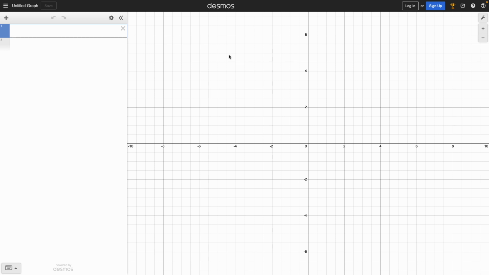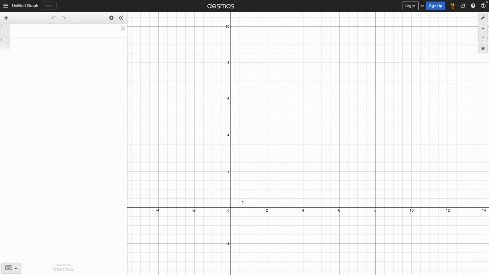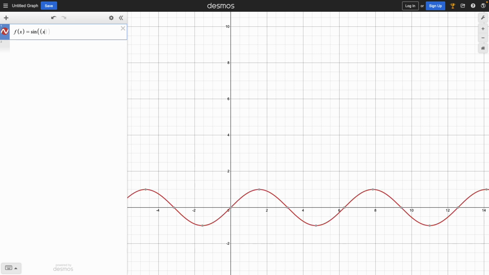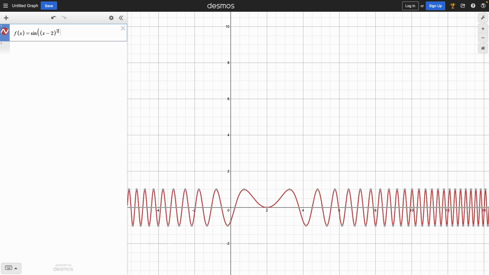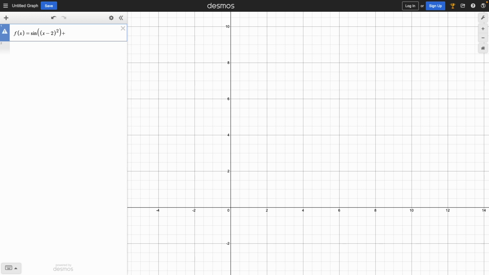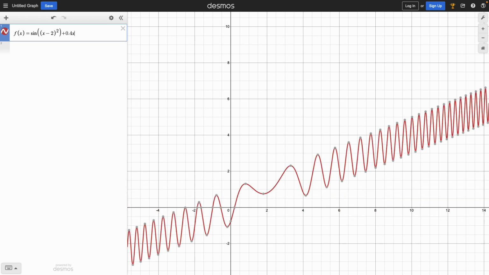When I click on it, I get a two-dimensional space, and here is a control bar for writing down our functions and operations. So let's input some function here. I'm going to name it f of x, and it's going to be sine of (x minus 2) squared plus 0.4x.